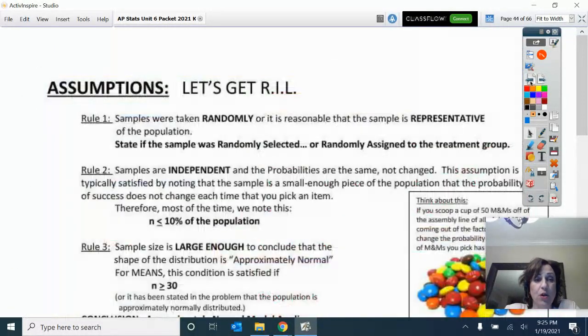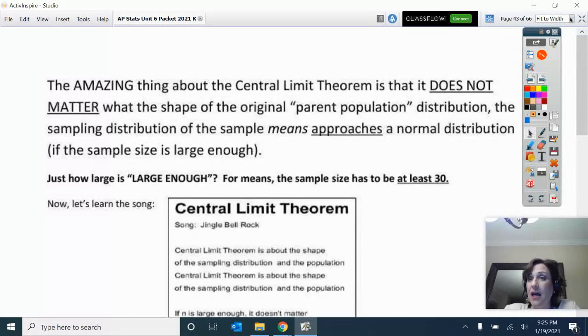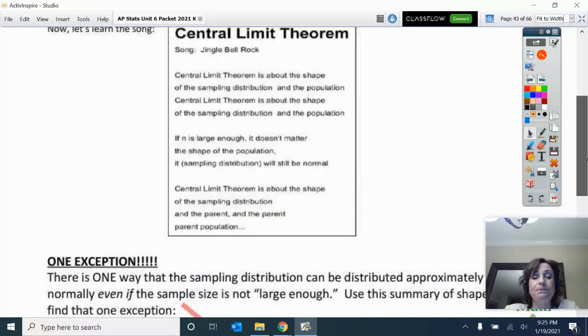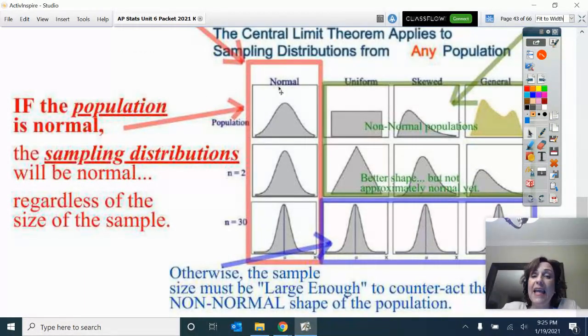If you remember back here, and I think it's actually at the bottom of this page. Yep, there it is at the bottom. So let me go down to that and show you. See, if you are told that the population is normal right here, then if the sample size is a small sample size, no biggie. It's still going to be approximately normal. Bigger, of course, a large sample will, of course, be approximately normal.